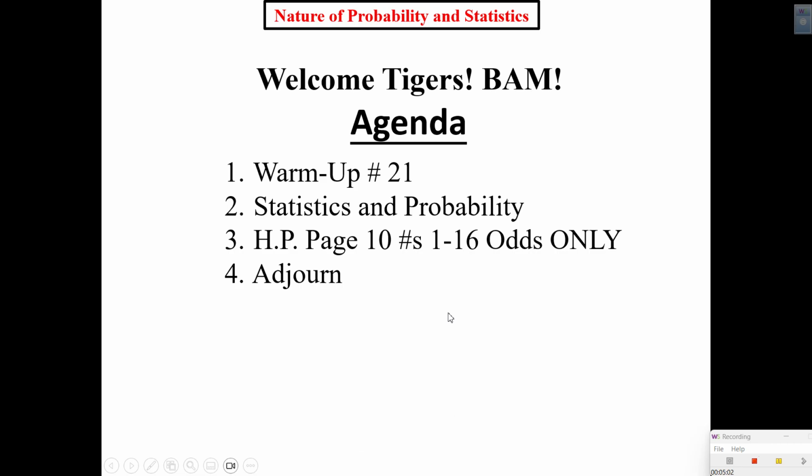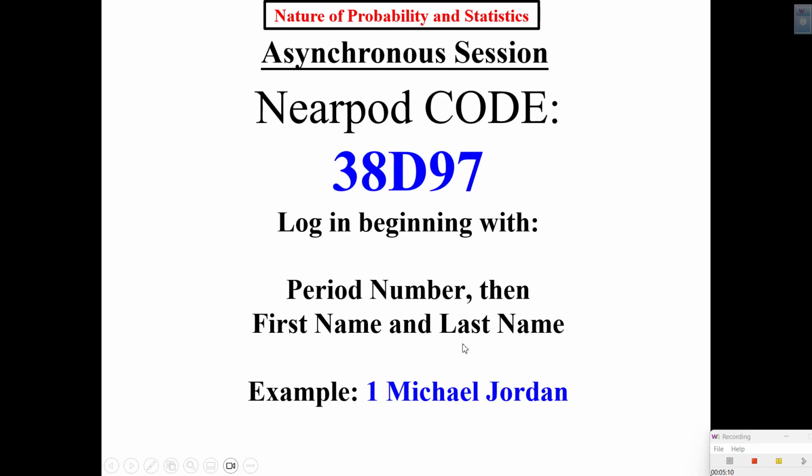All right, we good? All right, in case you don't finish, here it goes. Copy the code. Reminder on those cell phones. Last call on those cell phones.